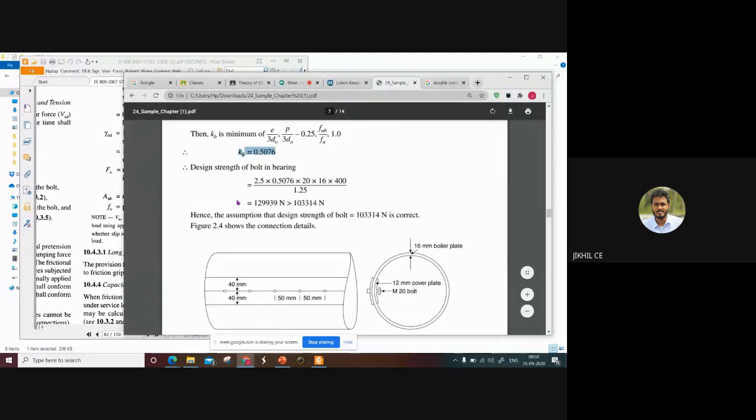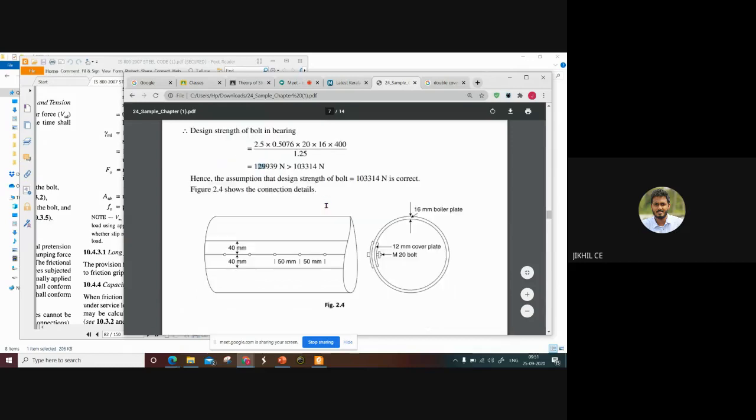Design strength in bearing is 129, where the design strength is 2.5 into Kb into the other values divided by 1.25. It is found that the bearing strength is more than the shear strength, so it is safe. Hence the assumption was correct, that shear strength is the critical one.